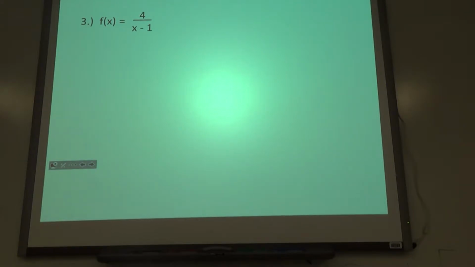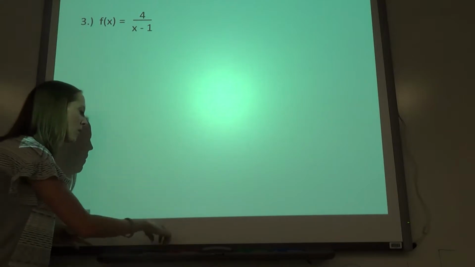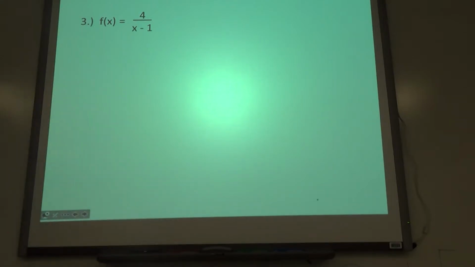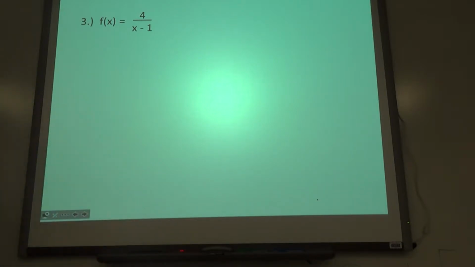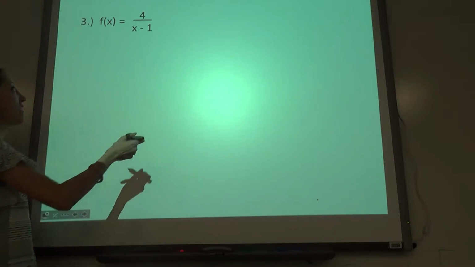Example 3, f of x equals 4 over x minus 1. Once again, you do want to think about your domain killers, because remember, your graphing calculator might not show you everything.